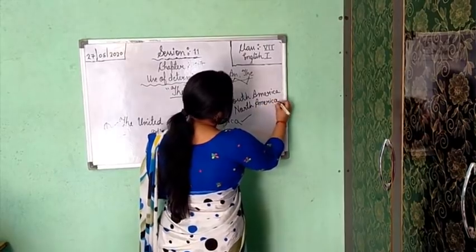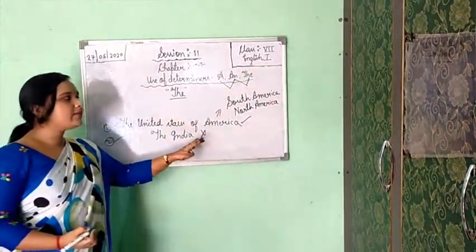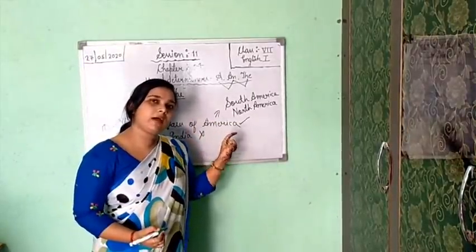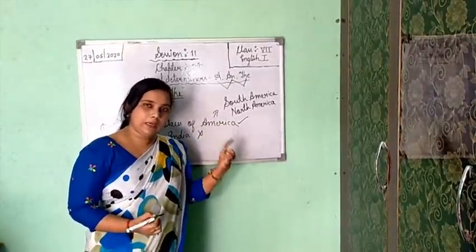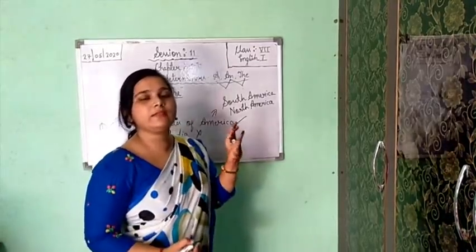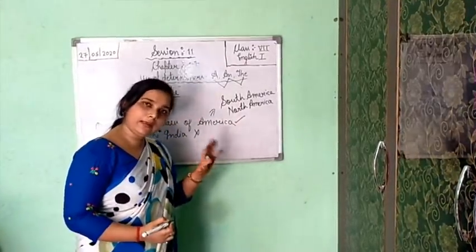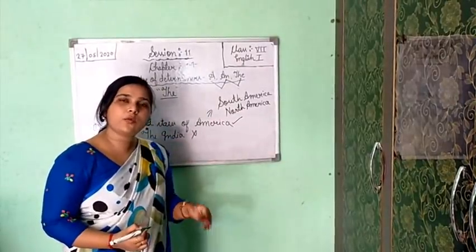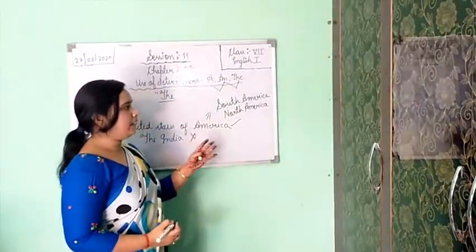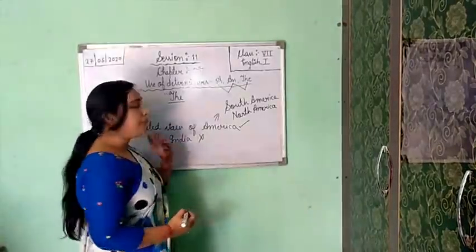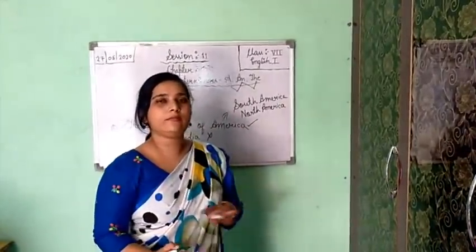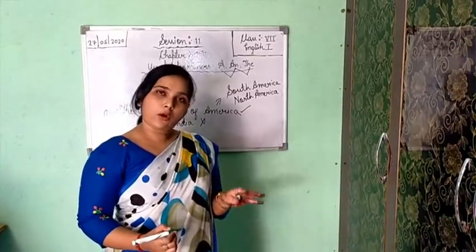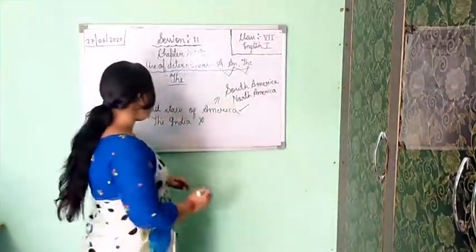So America is divided into two parts, South America and North America. That's why we will use "the". If we are getting the name of a country, and if it is divided into smaller parts, more than one, then we will use "the". But if we are not getting any kind of division in the name of a country, then we will not use "the".